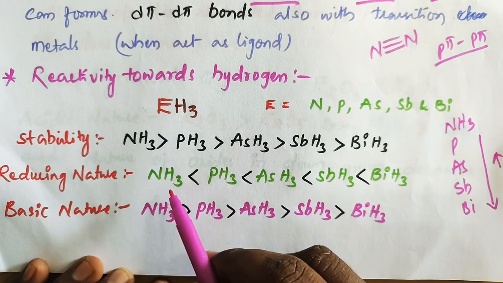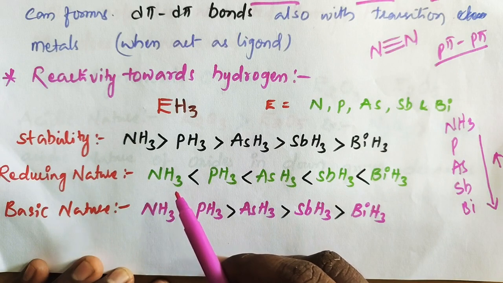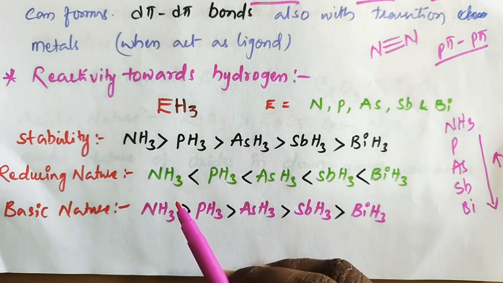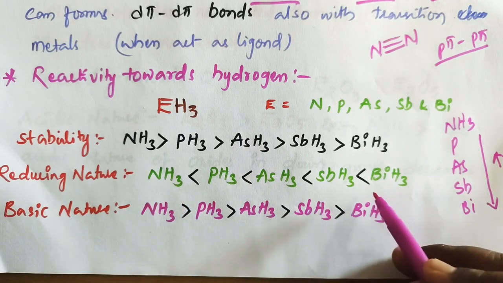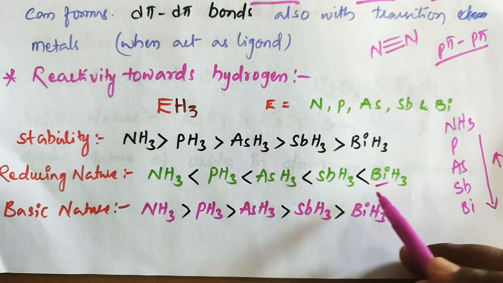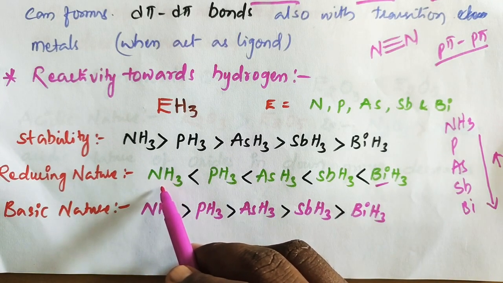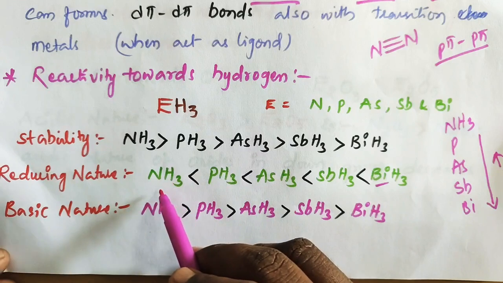Ammonia is a mild reducing agent because of nitrogen's small size, while bismuth hydride is a strong reducing agent because of the large size of bismuth.